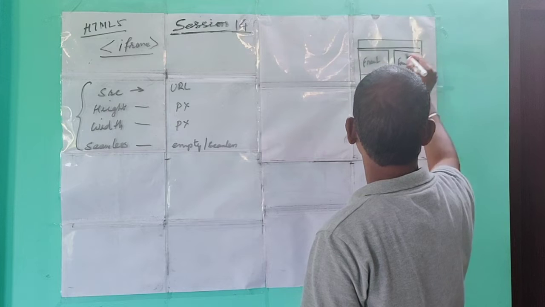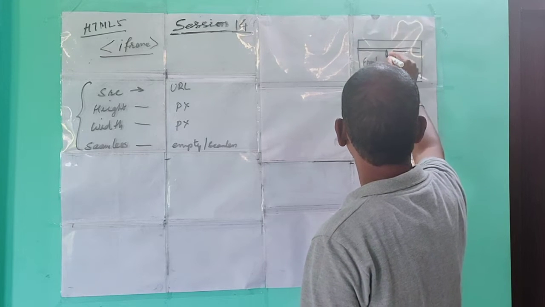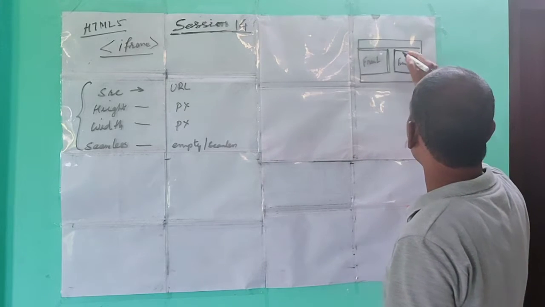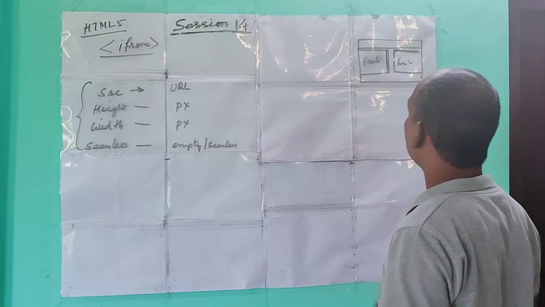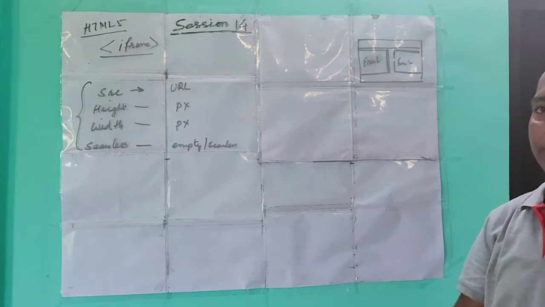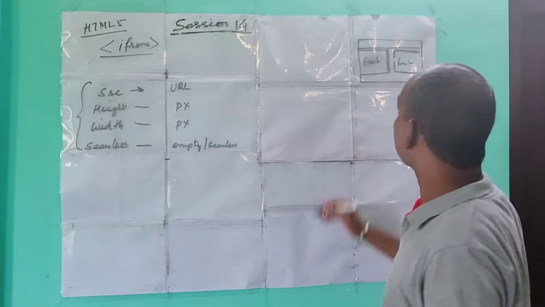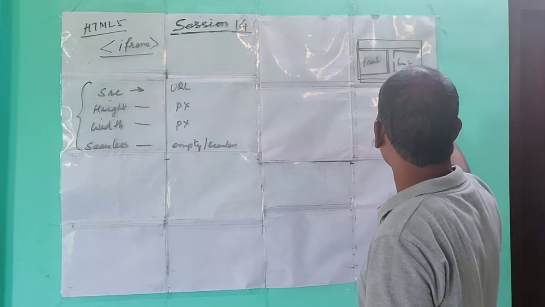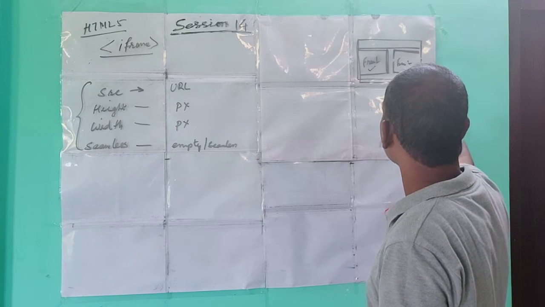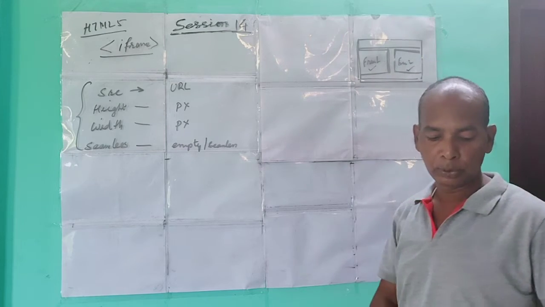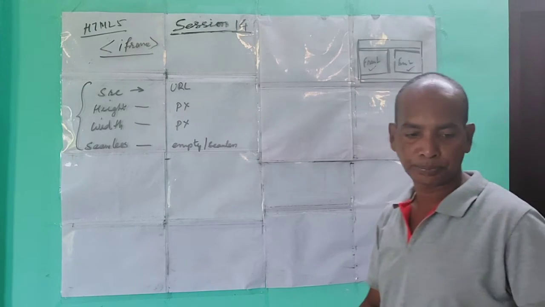To display the two frames in a single window, we have to create three documents, three notepad files. One for the main, one for the first frame, and another for the second frame. So I give you an example.